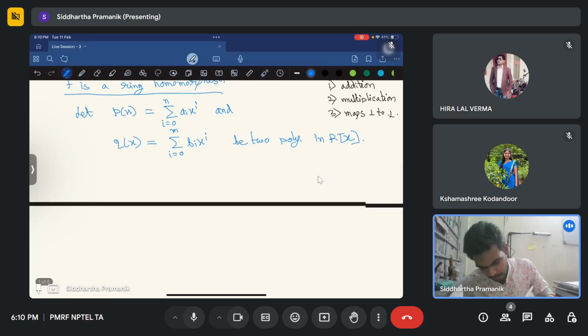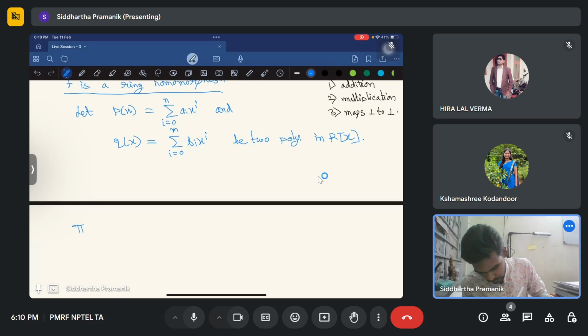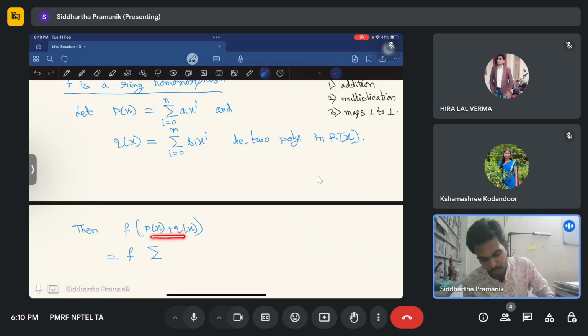So let's see what happens. Then f of p(x) plus q(x) is basically f of summation. So what is p(x) plus q(x)? We just add the coefficients component-wise. So it is basically summation of (a_i plus b_i) x^i, where i equals 0 and the last term will be the maximum of n and m.